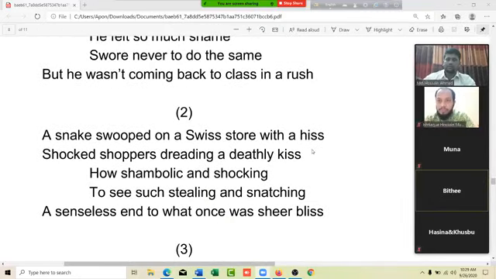Poem number 2. A snake swooped on a Swiss store with a hiss. Shocked shoppers dreading a deadly kiss. How symbolic and shocking to see such stealing and snatching. A senseless end to what once was sheer bliss.